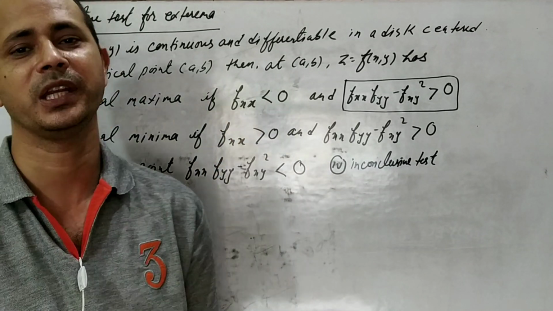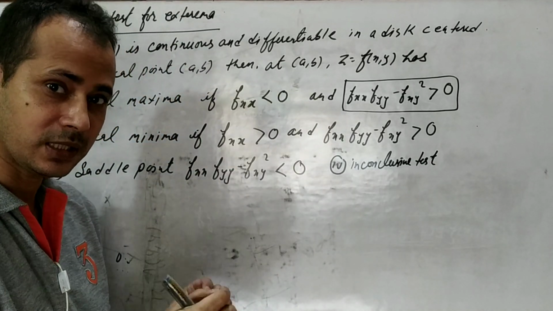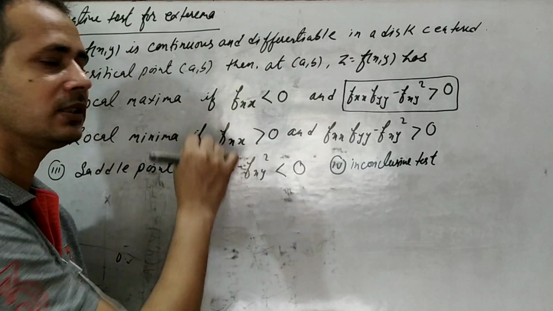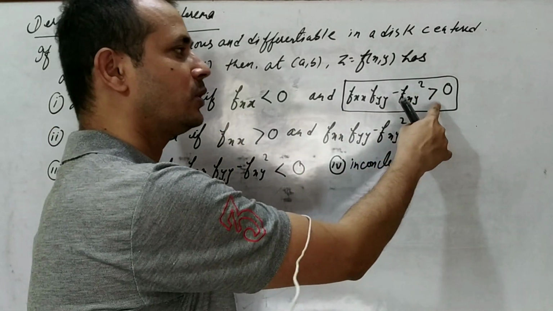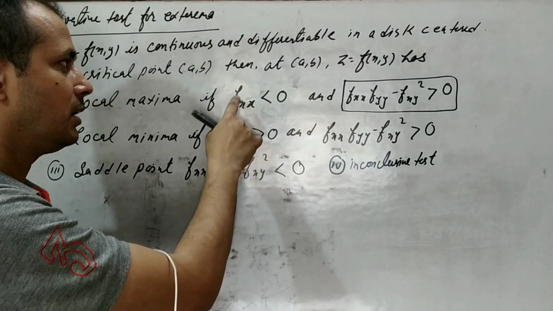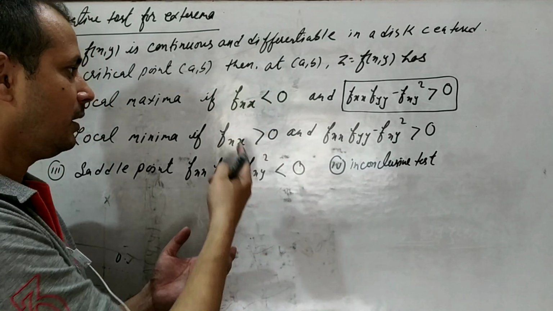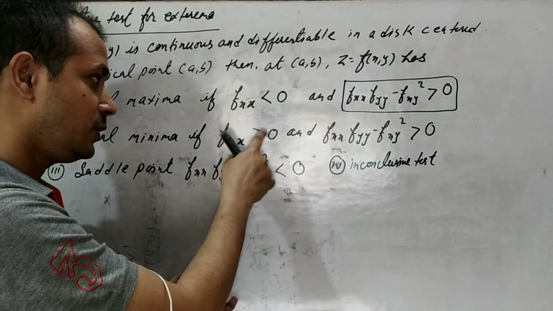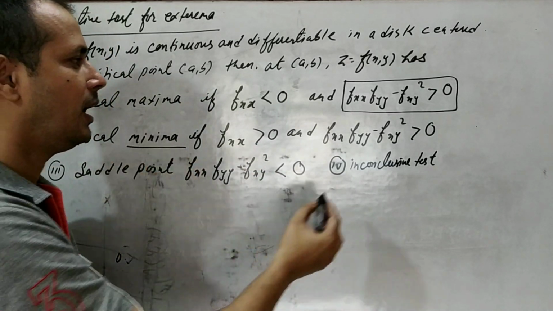Means the two variable function will be getting local maxima at the critical point (a, b) if the discriminant is more than 0 at the critical point, and at that critical point fxx is less than 0.